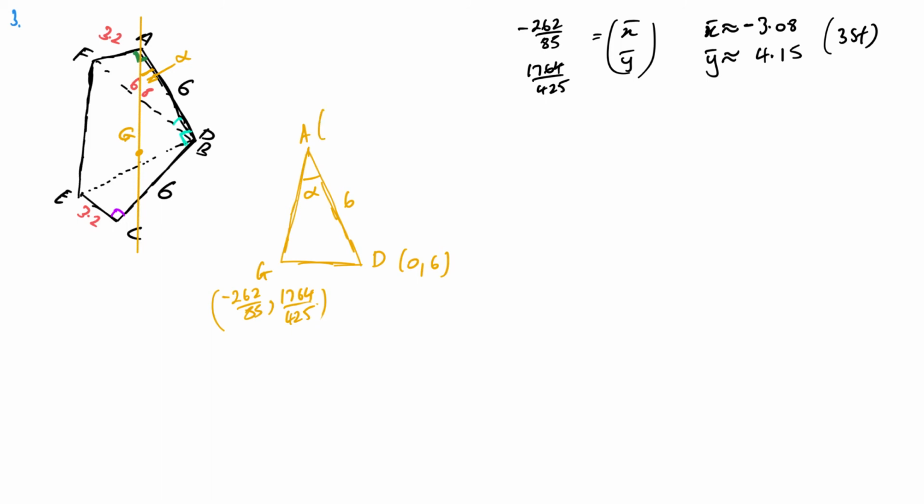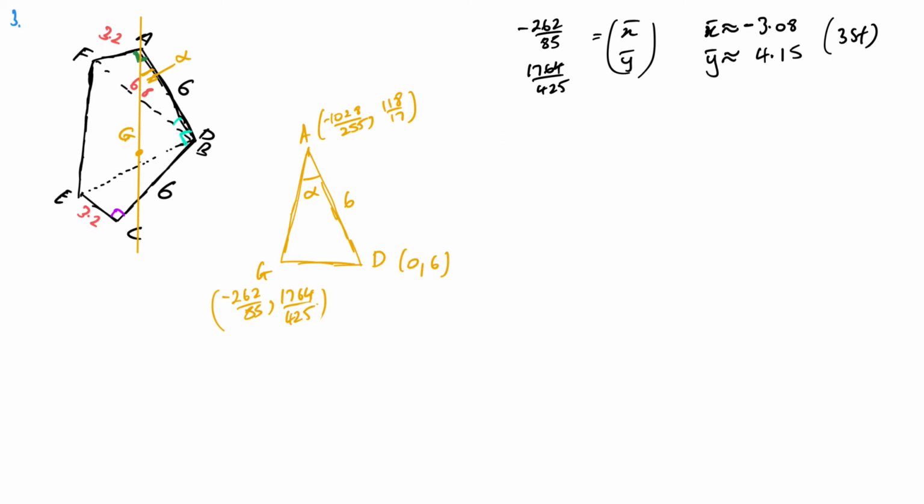Because A is minus 1028 over 255, that's what I'm thinking of, and 118 over 17. So what I'm going to do here is use essentially a bit of Pythagoras to work out these distances using the coordinates.